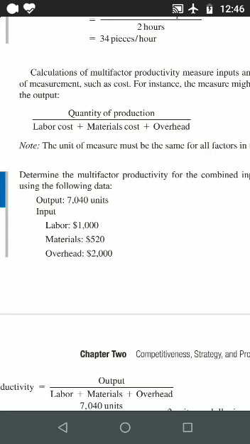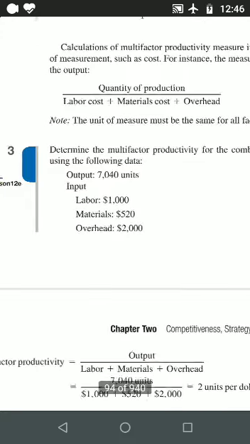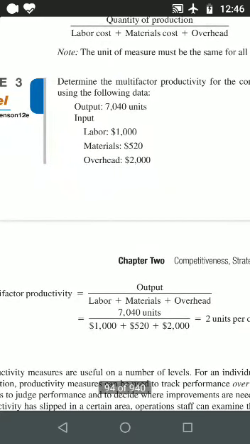So now friends, the very first thing is to use the formula which we have discussed right now. So multi-factor productivity is equal to output divided by labor plus material plus overhead. 7040 units is the total output value, and the value for inputs will be 1000 plus 520 plus 2000, which makes it 3520.